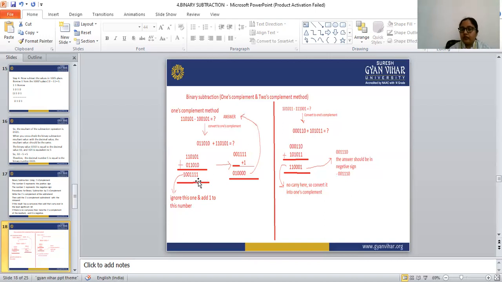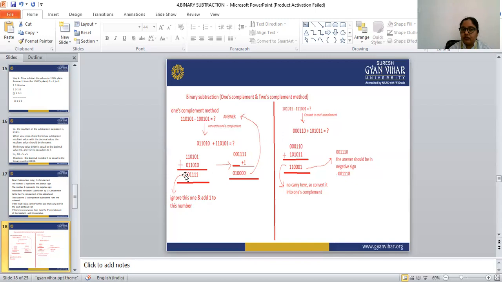So if the answer has one more digit than the question, what we have to do is ignore that extra digit. If we get one extra digit in our answer when we compare with the question, we have to ignore that one and add 1 to this number.